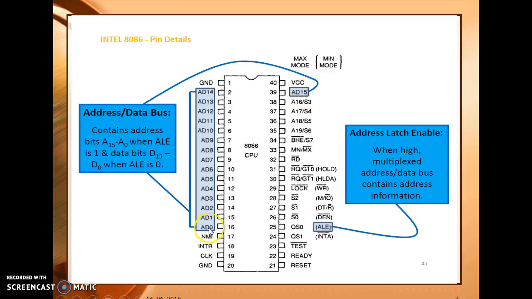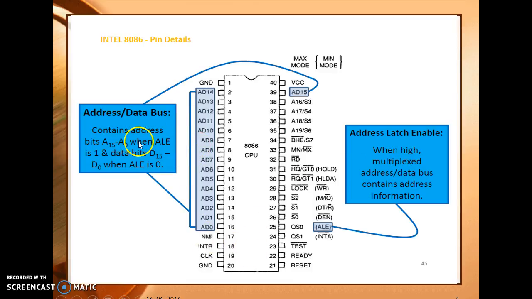AD represents address as well as data lines: address lines A0 to A15, data lines D0 to D15. These 16-bit address and 16-bit data lines are multiplexed on pin numbers 2 to 16 and pin 39, which reduces the number of pins in the 8086 IC.